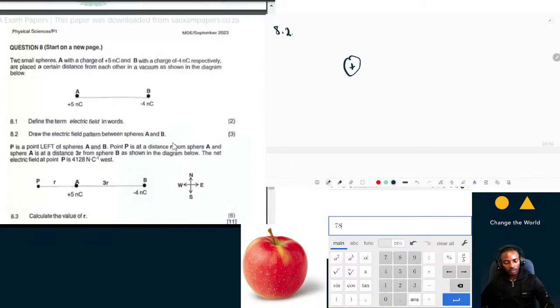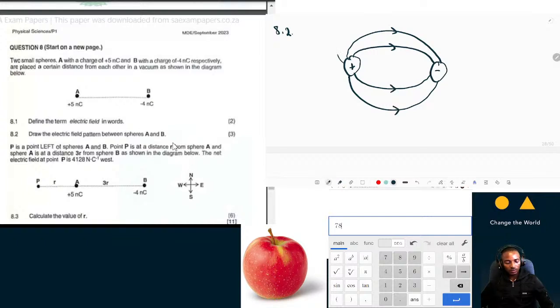Then this is our negative. Then they are going to attract each other. So the electric field is going to move from positive to negative, like that.